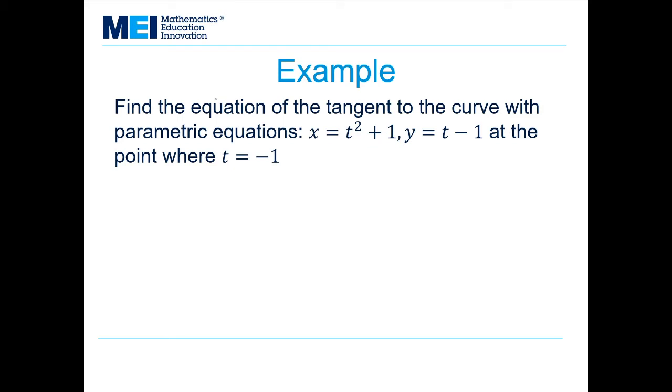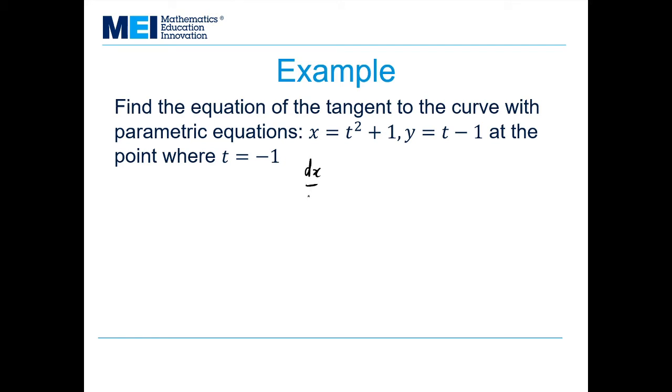Find the equation of the tangent to the curve with parametric equations x equals t squared plus 1, y equals t minus 1 at the point where t equals negative 1. Now I could use my computer algebra system here, but I'm just going to do things by hand for this example. To work out the gradient dy/dx, I need to work out dx/dt and dy/dt first of all.